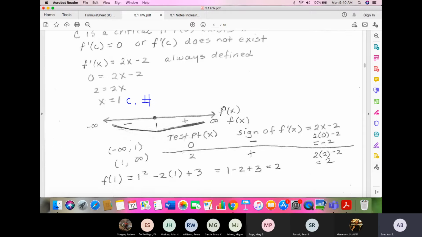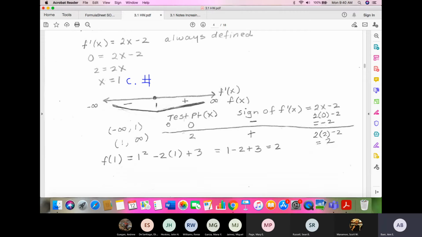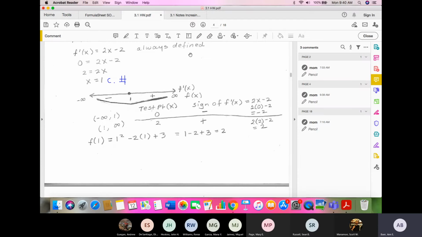To fill this out, you can put in negative infinity and infinity here, but we really need to create a table. In that table, you want the interval, the interval that you're talking about right here.